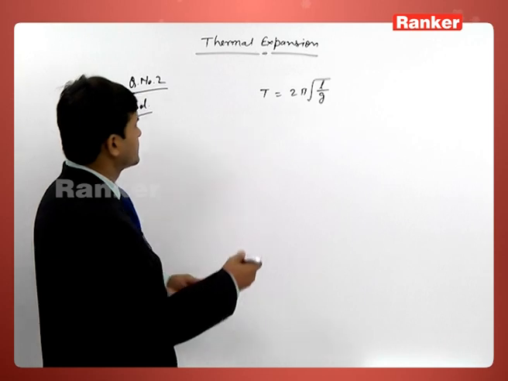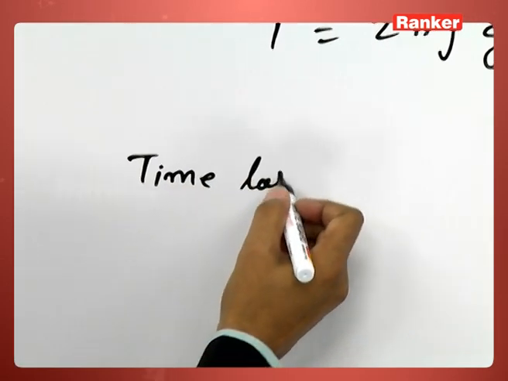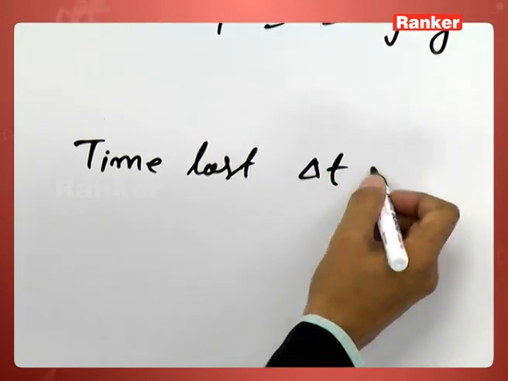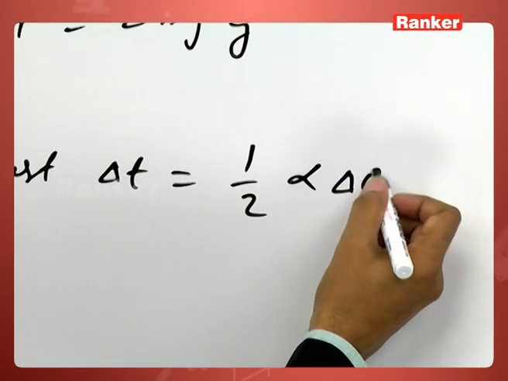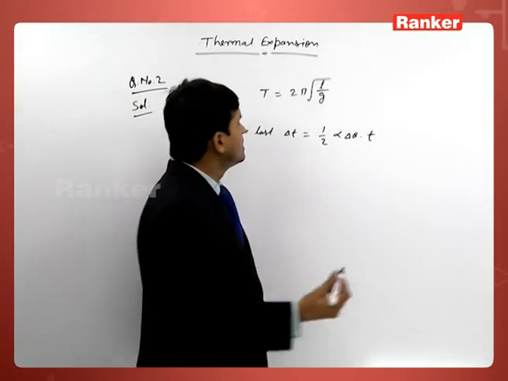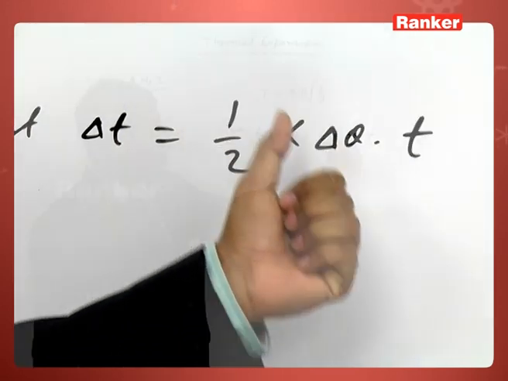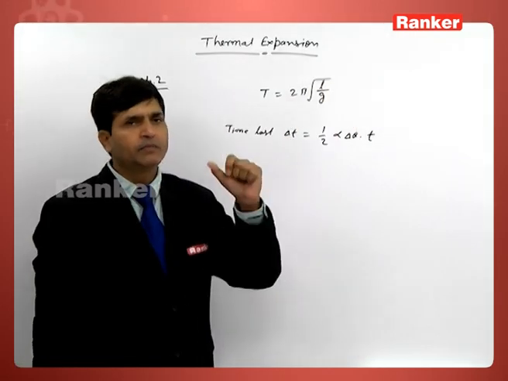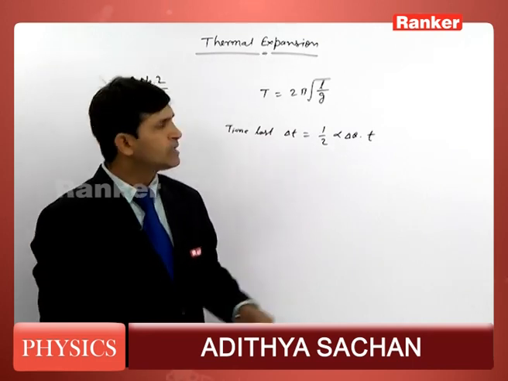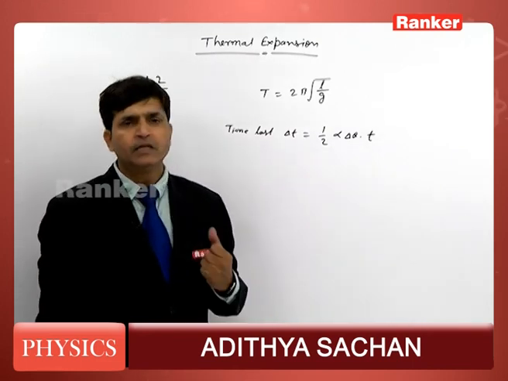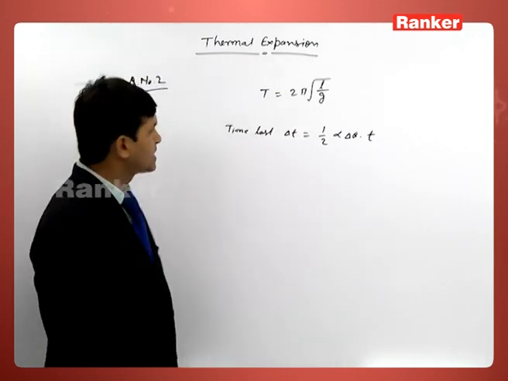The time loss delta T can be found by this relation, half alpha delta theta into T. Here alpha is the expansion coefficient of the material from which the pendulum has been made. Delta theta is the change in temperature. T is the time for which they are asking how much loss or gain of time.